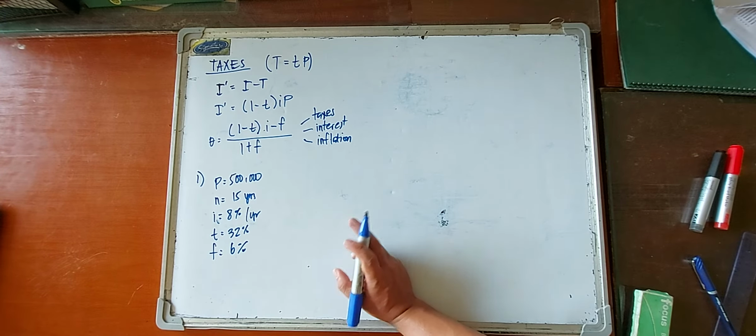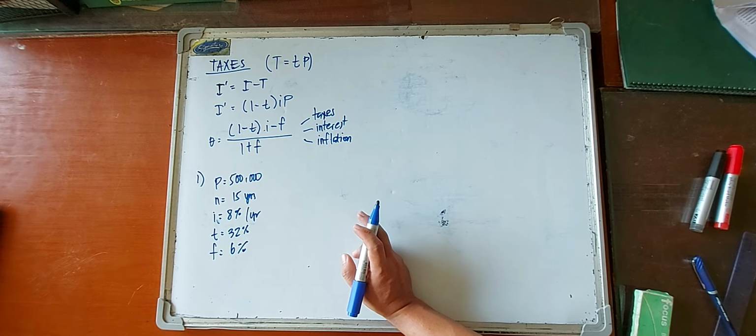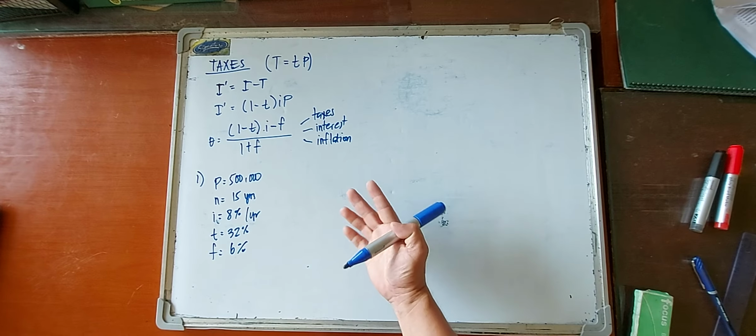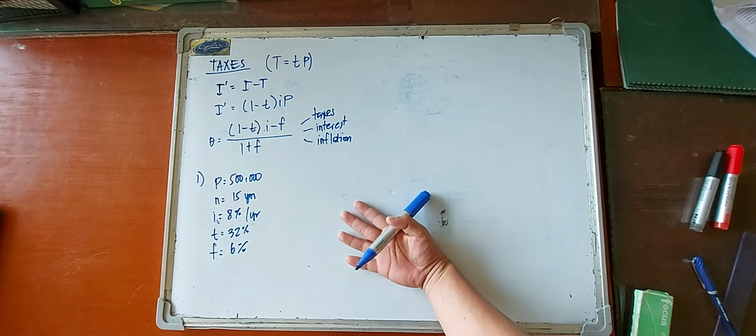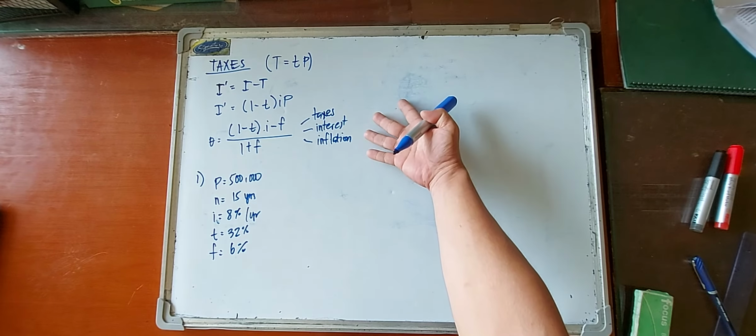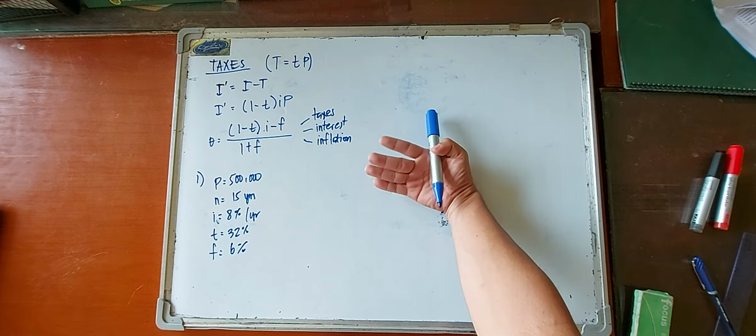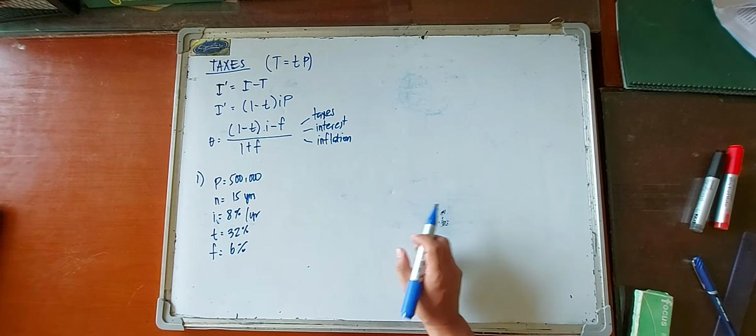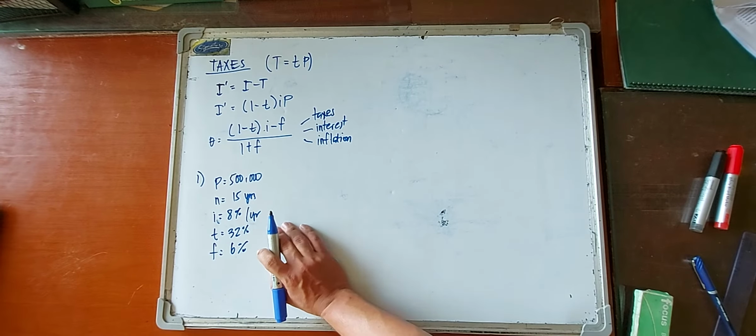Okay. If inflation continues at the rate of 6% per year, what will be the value of her investment in terms of today's peso when the certificate matures? After 15 years, the certificate matures, then what would be the value with all of these effects, yung tax, interest, and then inflation rate. So this would be the following given.